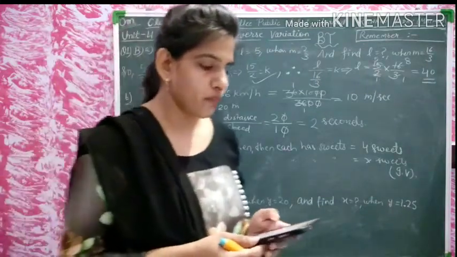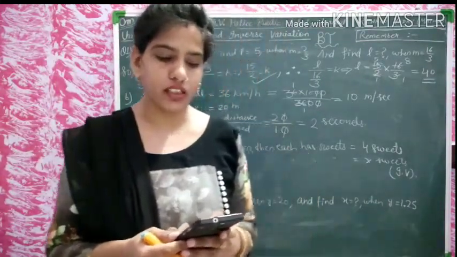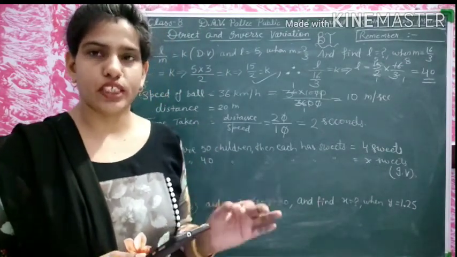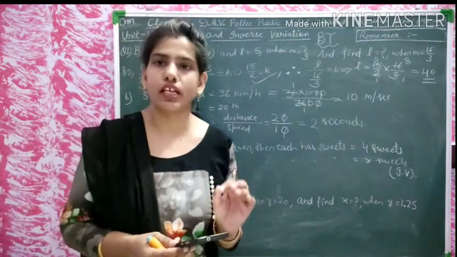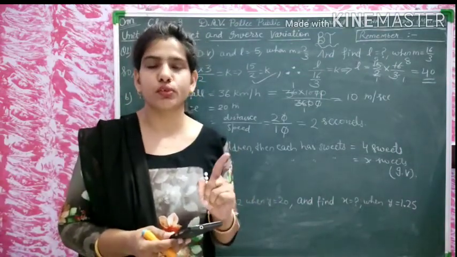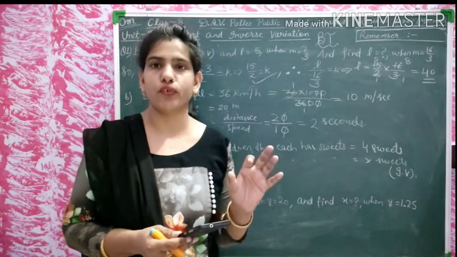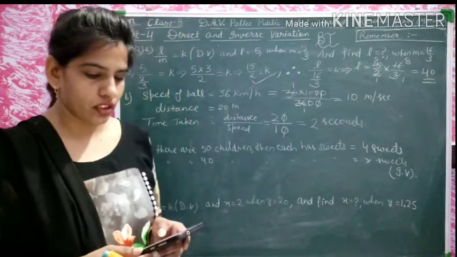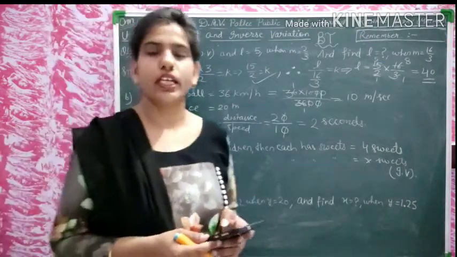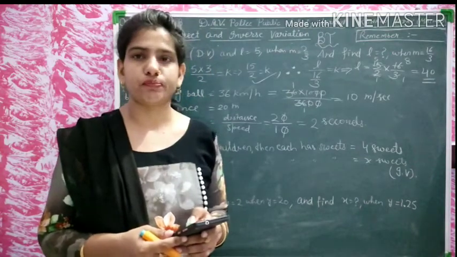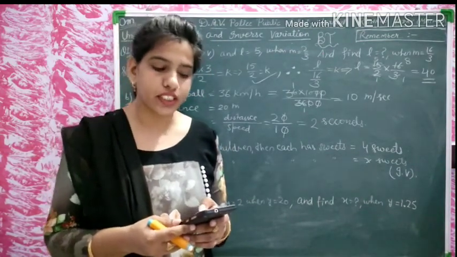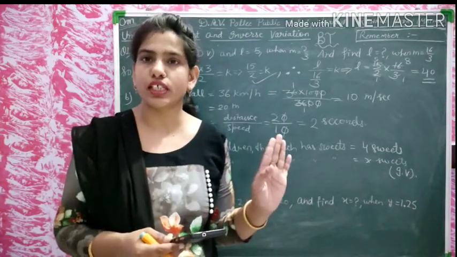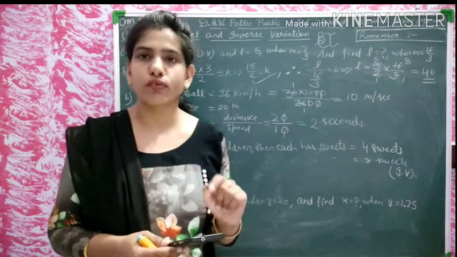In part C, sweets from a packet were distributed among 50 children, and each of them received 4 sweets. Each child gets 4 sweets.